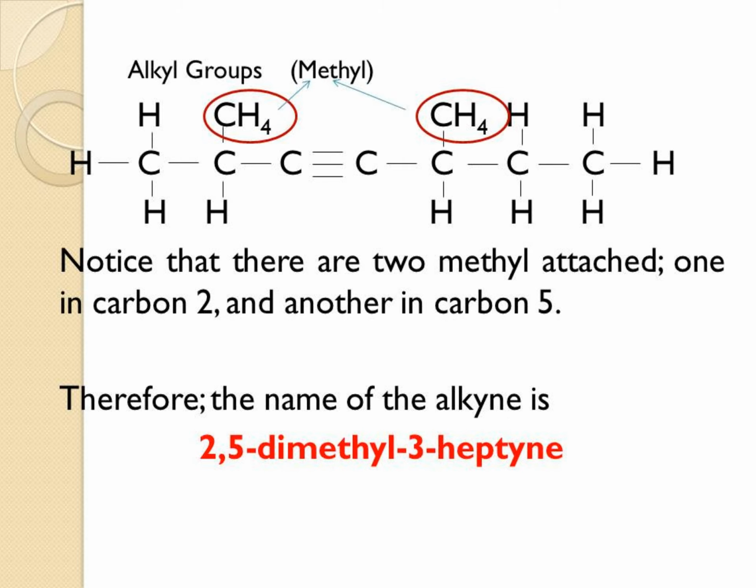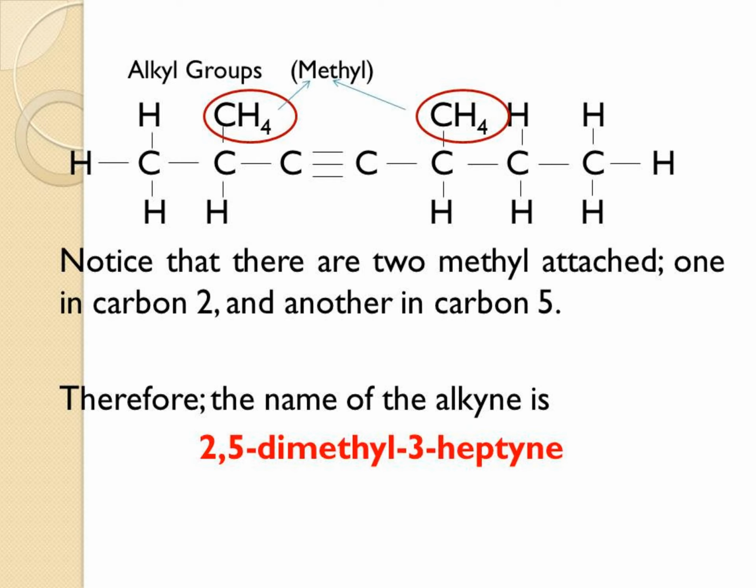Next example, we can see that we have 2 alkyl groups attached to the carbon 2 and carbon 5. So because we have 2 methyl, we will use the prefix di. So the name is 2,5.